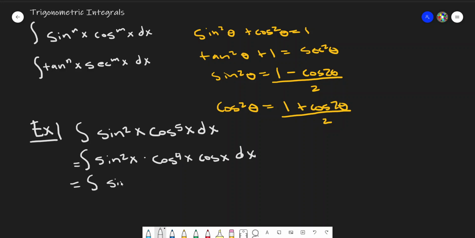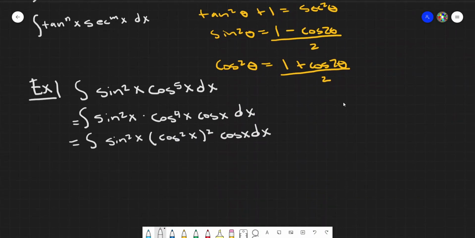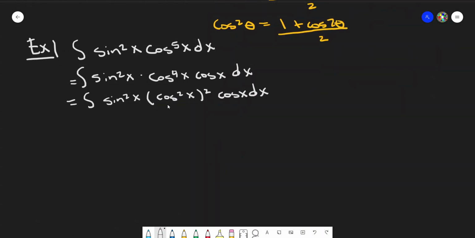So notice that this is cosine squared x, squared, and then you have a cosine x on the outside. From there, you can substitute 1 minus sine squared x, so we have sine squared x multiplied by 1 minus sine squared x, all squared, times cosine of x dx.